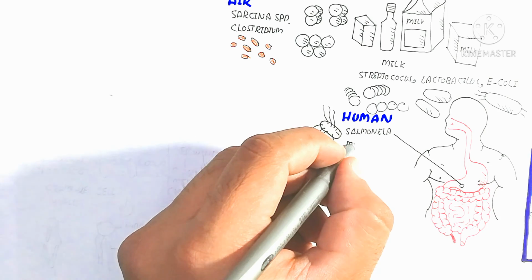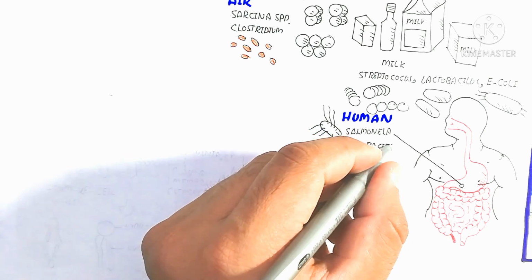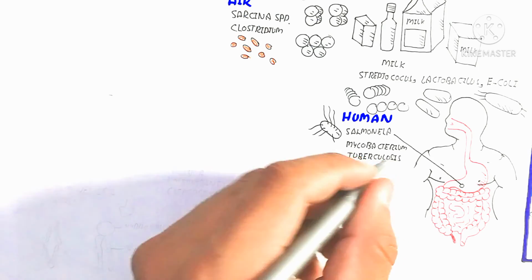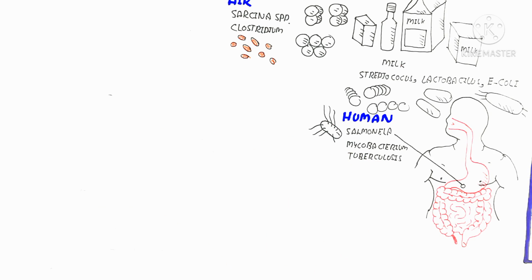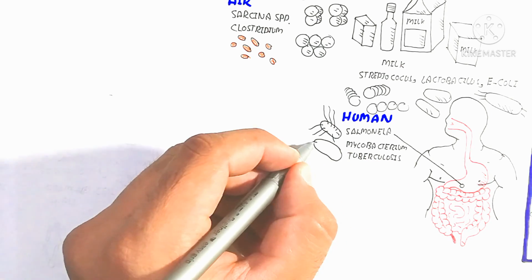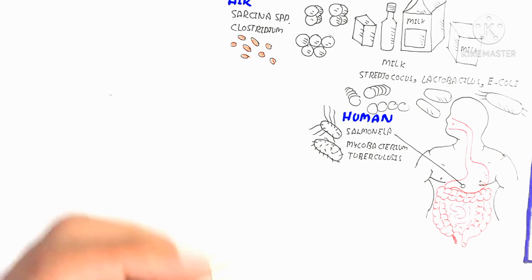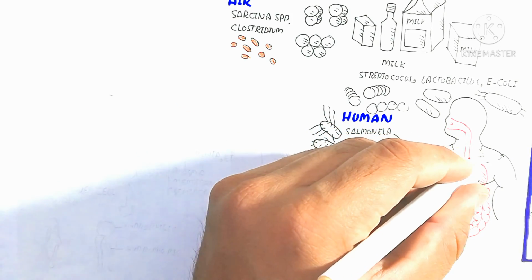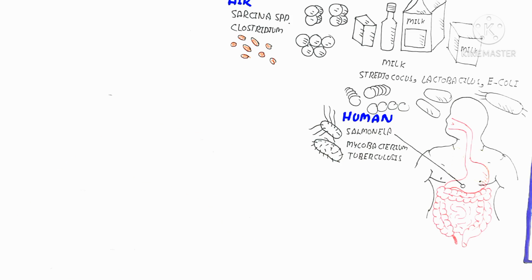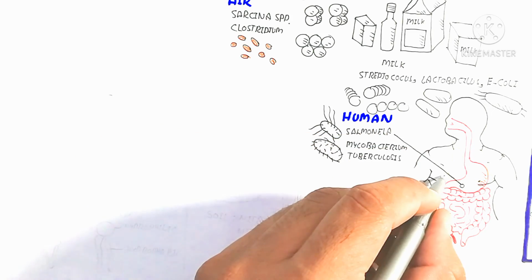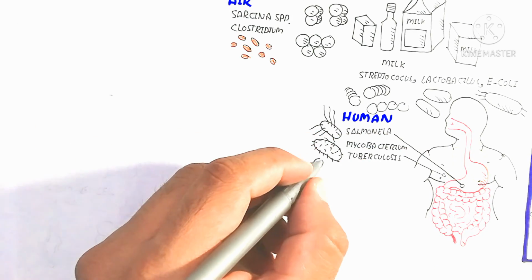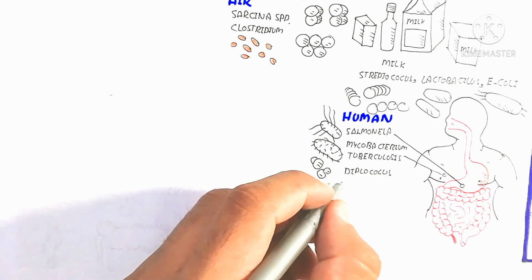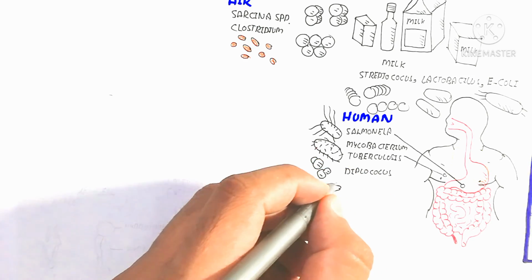Mycobacterium tuberculosis is present in the lungs and infects the lungs, while Salmonella is present in our digestive system, damaging it and causing diarrhea. Here are Diplococcus and Clostridium tetani, which produces tetanus, while pneumonia is caused in the respiratory system, pneumonia or any other. E. coli is also there.